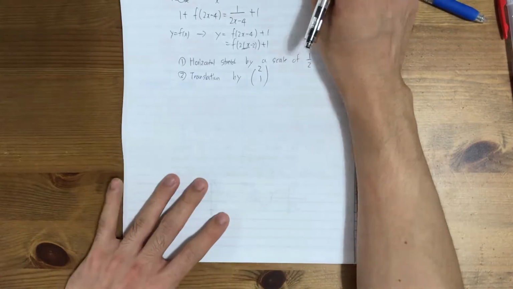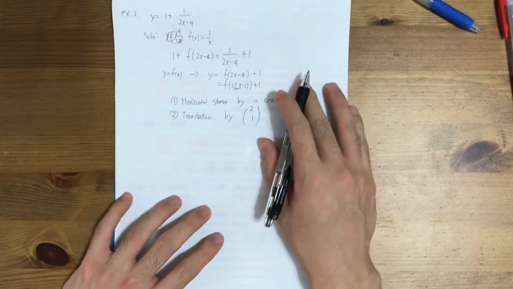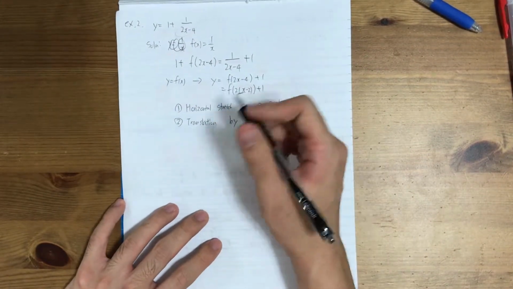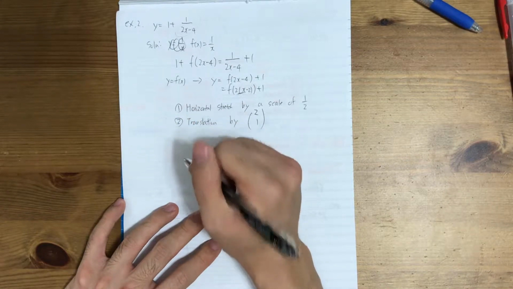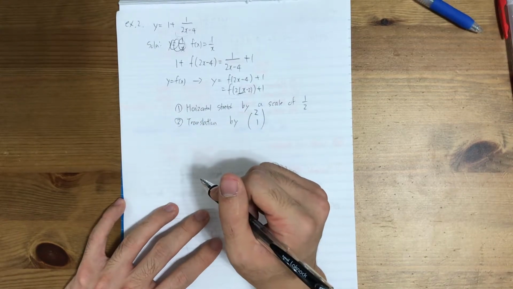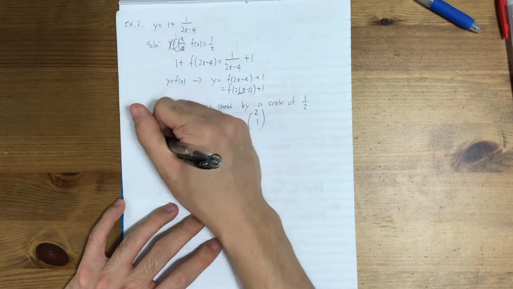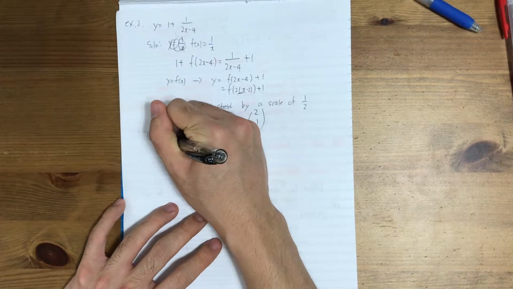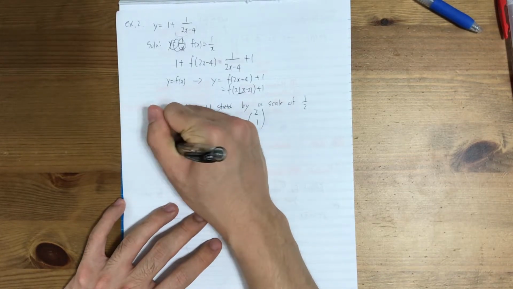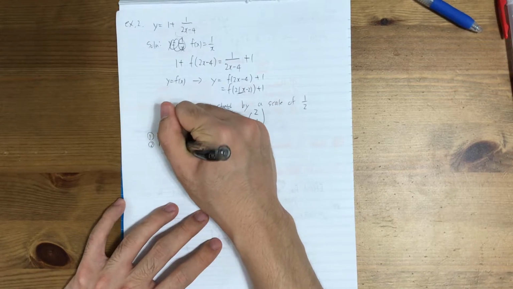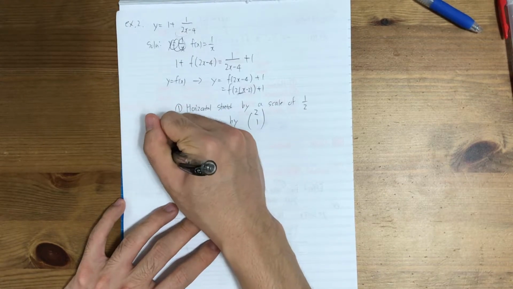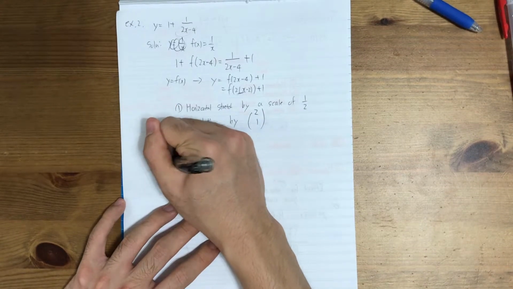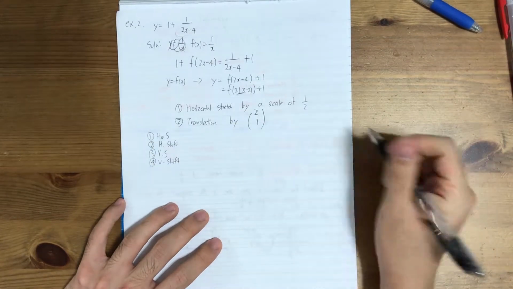Then how do we sketch this? Remember that for sketching, I told you to try to do horizontal stretch, horizontal shift, vertical stretch, and vertical shift, right?